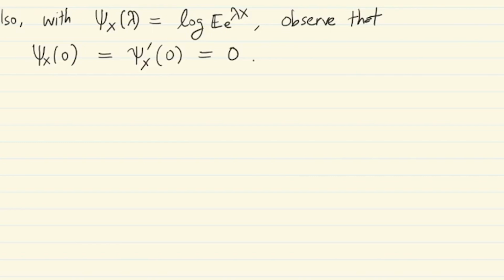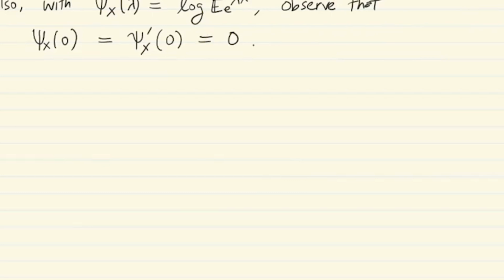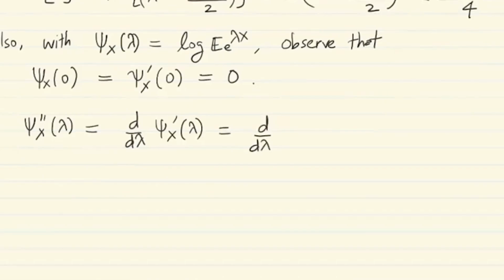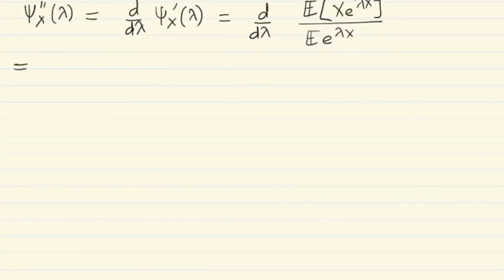Now let's move on to the second derivative of Cx. Cx double prime of lambda at any lambda is by definition d by d lambda of Cx prime at lambda. If you differentiate Cx once, you will basically get expected value of X e to the lambda X divided by expected value of e to the lambda X. And so we just differentiate this using basic rules of calculus.